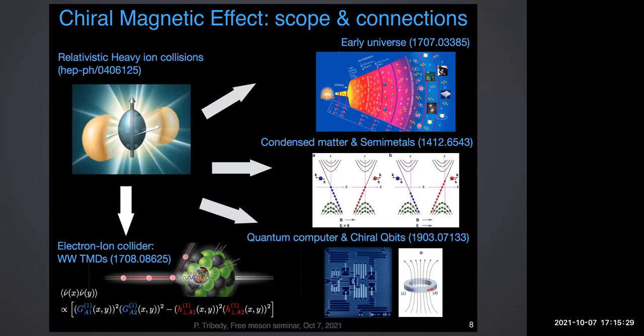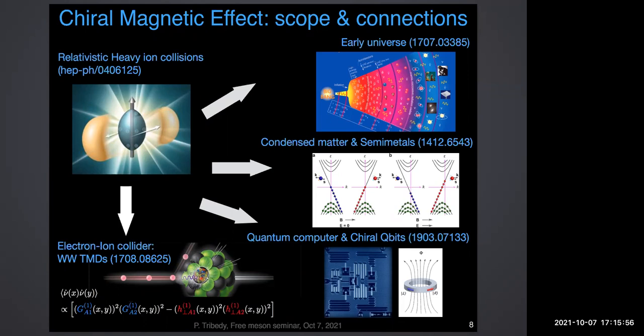Not only that, if you think of future high energy experiments like the Electron-Ion Collider, there is also a connection. The Weizsäcker-Williams transverse momentum distributions inside these colliding objects are related to the signal that we will measure. The thing that generates the signal in the CME is related to these intrinsic gluon distributions, related to helicity and the unpolarized one.